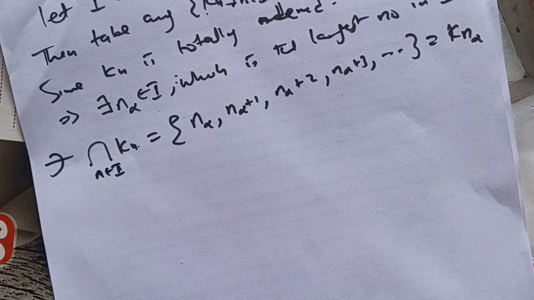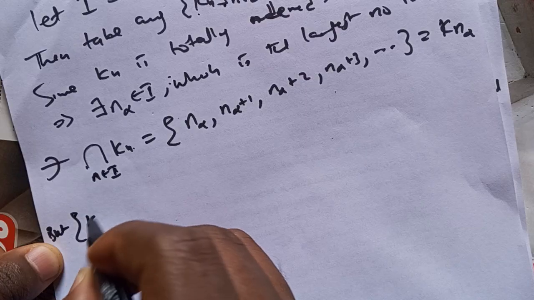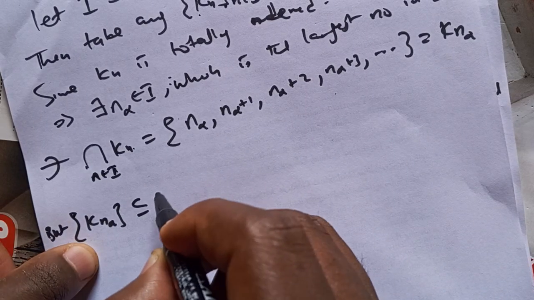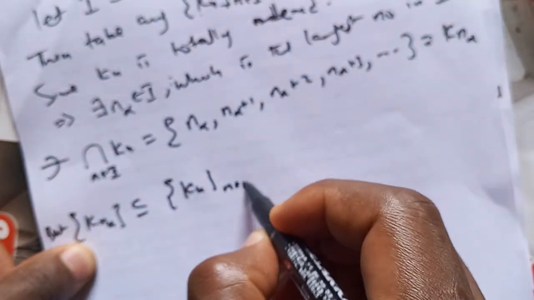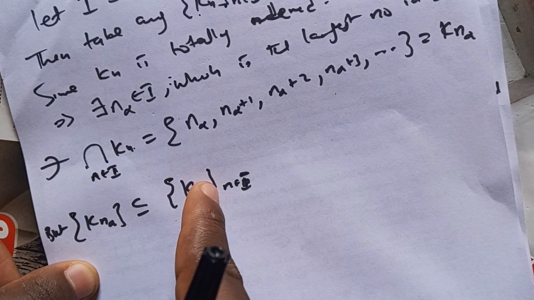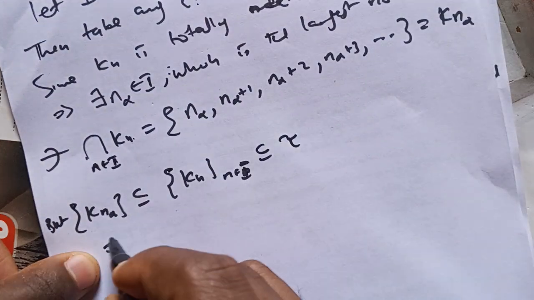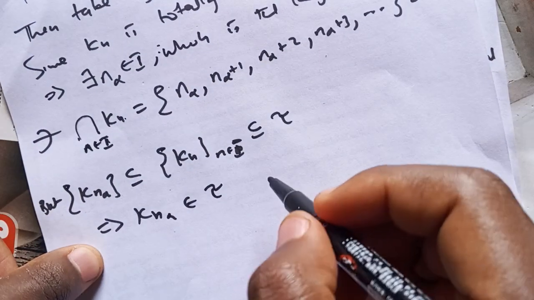Now observe that Kn alpha, this singleton, is a subset of this collection n in I. Observe that this is a subset of this, and this is a subset of tau. So this implies that Kn alpha is in tau.